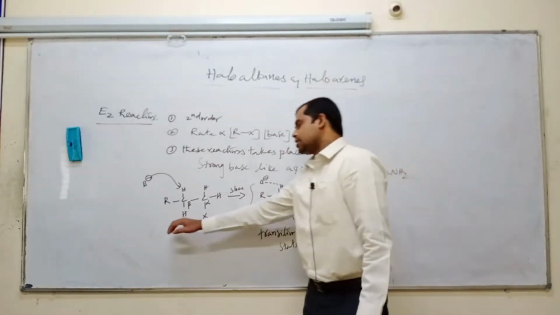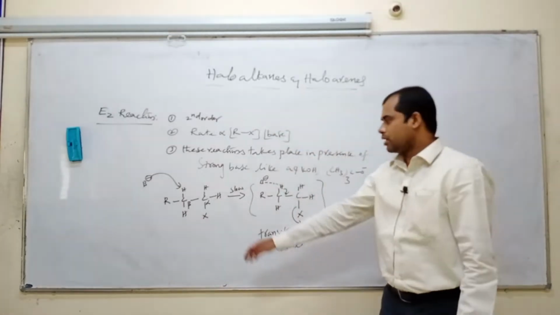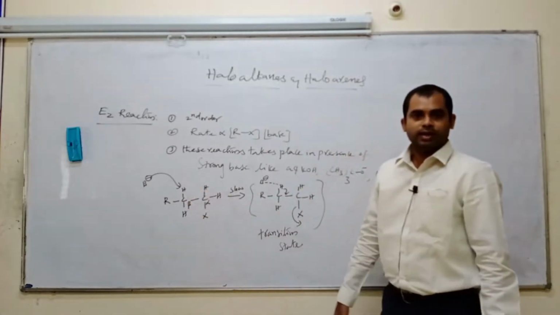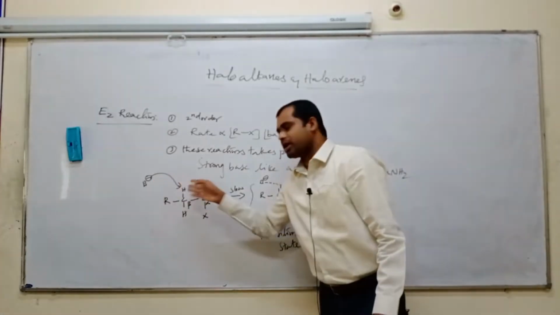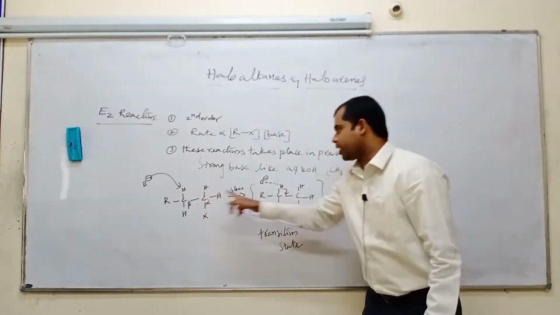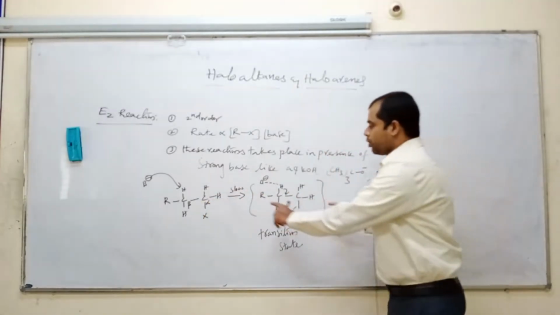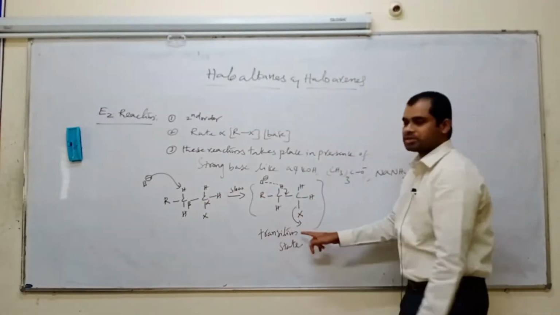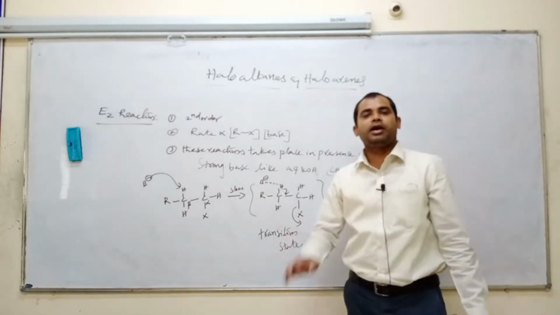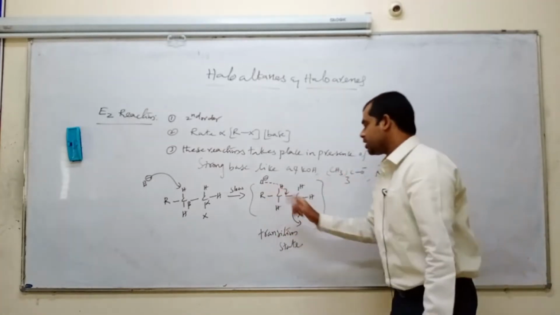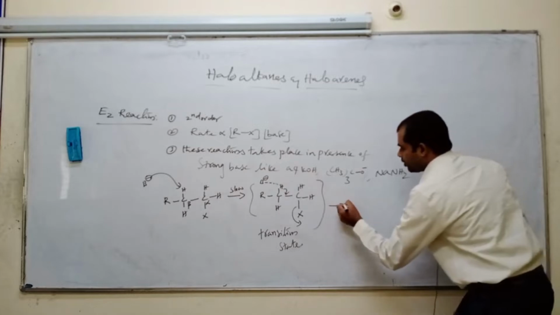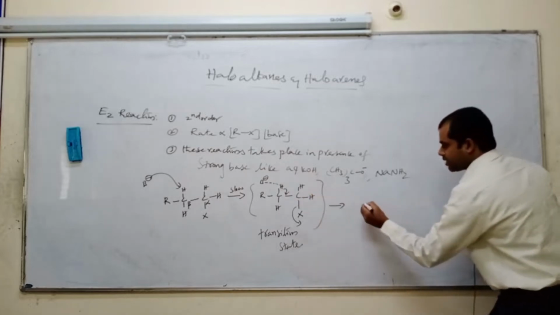That means the alkyl halide compulsorily has a beta hydrogen, so the base can attack the proton. The single bond becomes a double bond. Before they form, this is the transition state, an unstable state. Once the base attacks, we can obtain the product. So this reaction takes place in a single step.